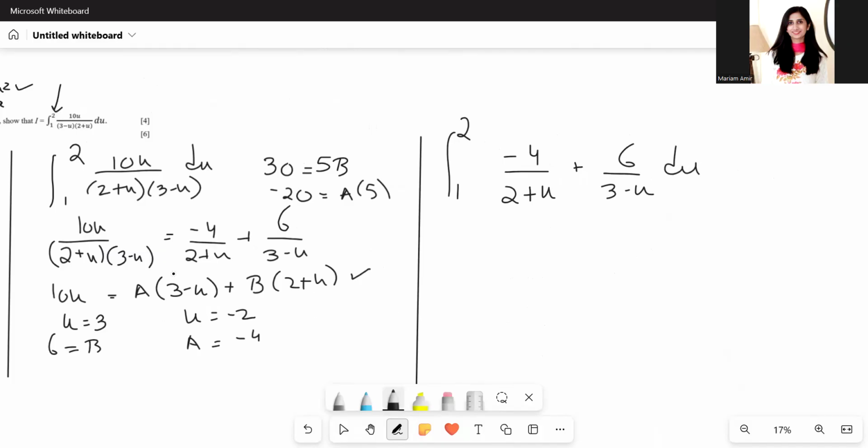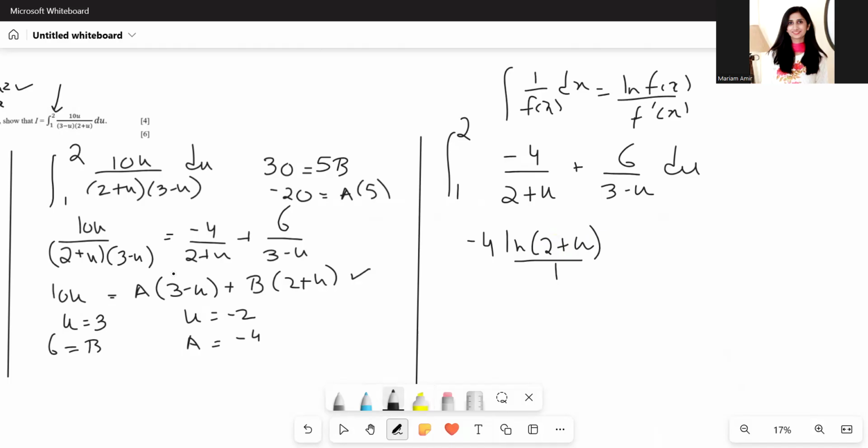This becomes negative 4 ln(2 plus u) upon 1 because the derivative of 2 plus u is still 1. What rule did we use here? If it's 1 over f(x) and f(x) is linear and you have to integrate this, the result is ln f(x) upon f prime x. That's what we're using on both the fractions.